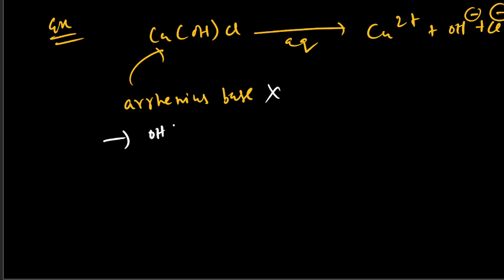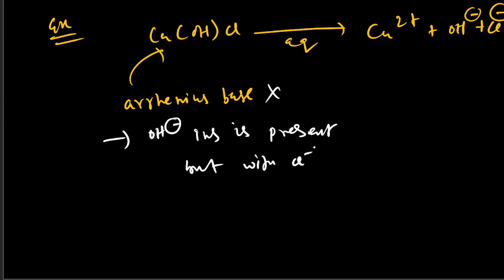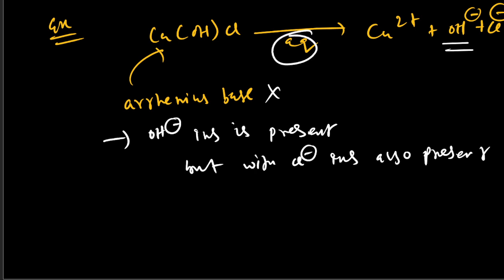So here, although OH minus ion is present, Cl minus ion is also present. For an Arrhenius base, no other negatively charged ions should be present, and it should be in aqueous medium. If these two conditions are satisfied, then it is known as an Arrhenius base. Here, Cl minus negative ions are coming, so this is not an Arrhenius base.